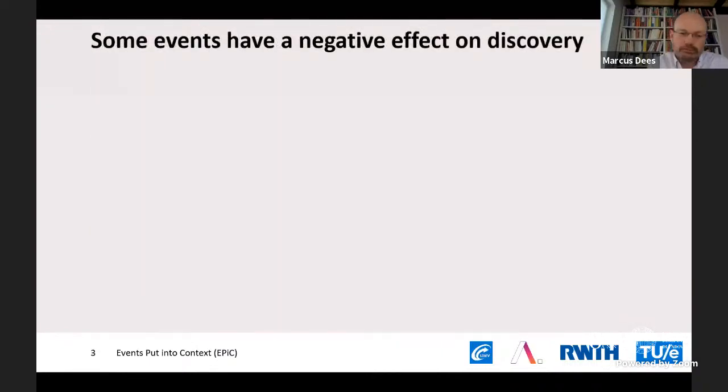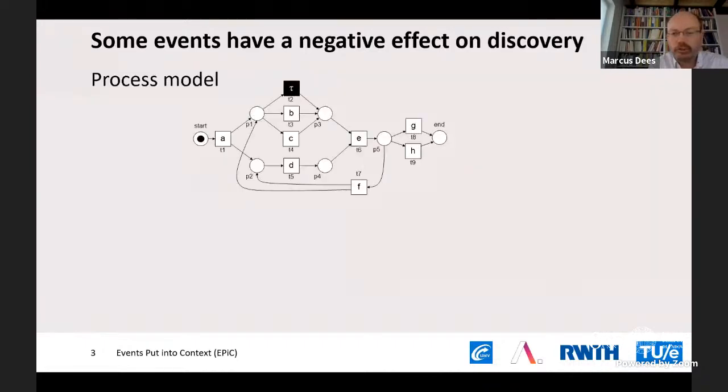Some of these types of events also have a negative impact on the result of discovery algorithms. To give an example, here's a process model and an event log with 1387 traces that are 100% fitting. The process model can also fully be rediscovered using these traces.